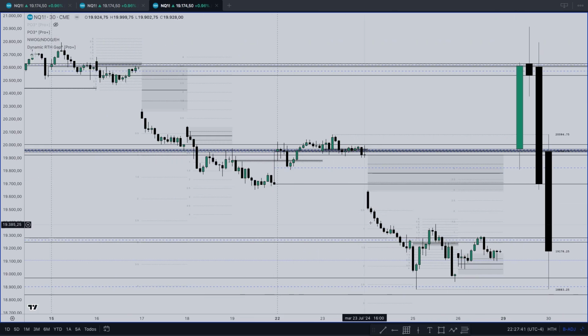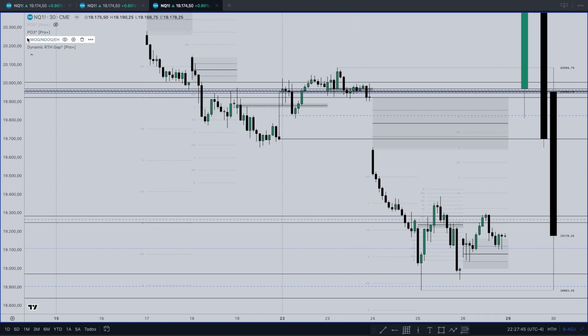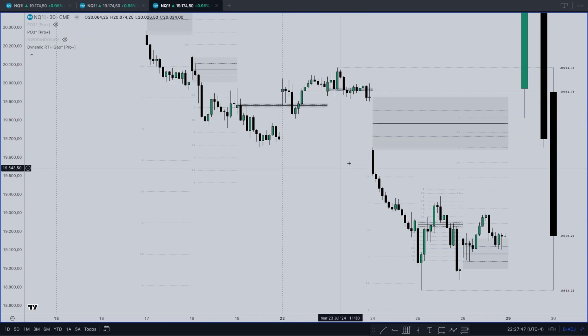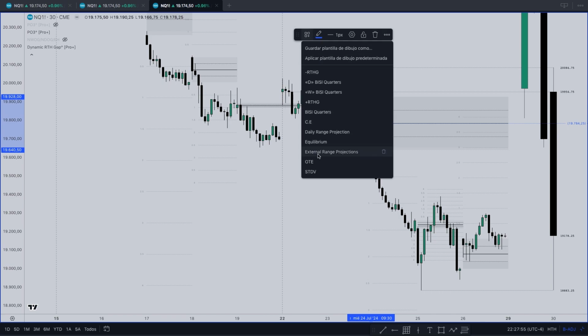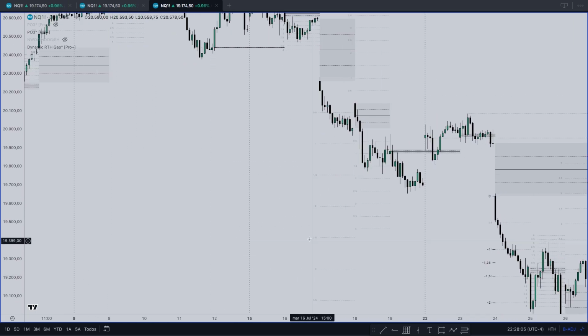And also I want you to notice these standard deviations that I told you to keep it more clean. We have here, from this gap, 2 and 2.5 standard deviations projections from this regular trading hours gap.